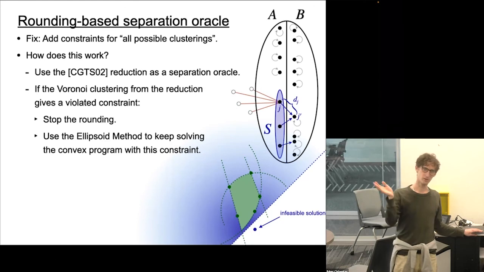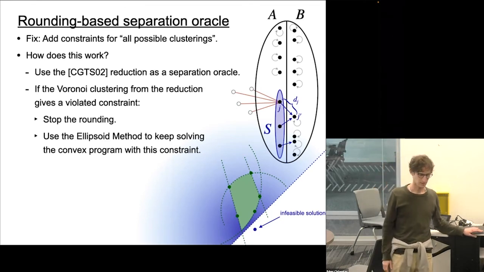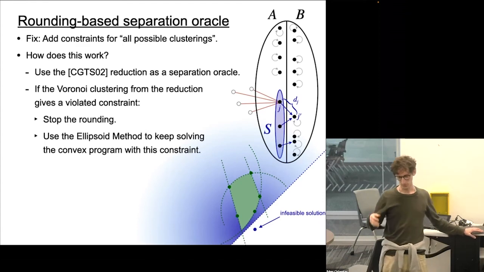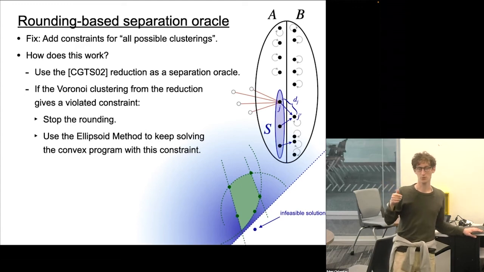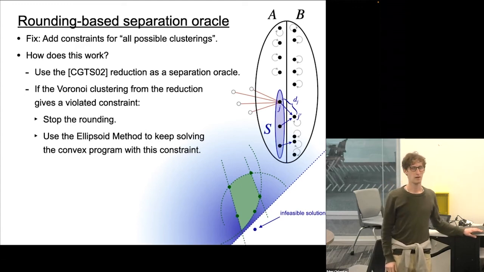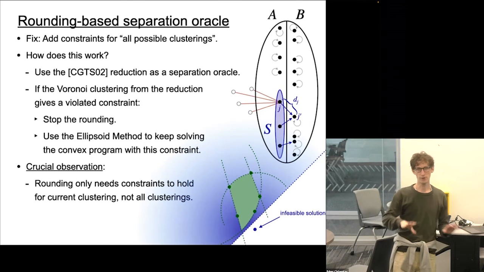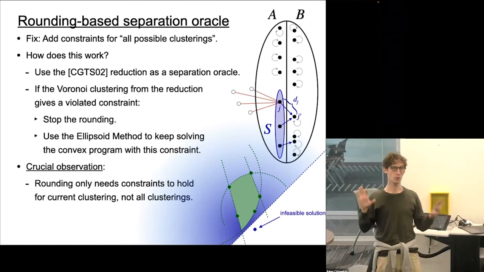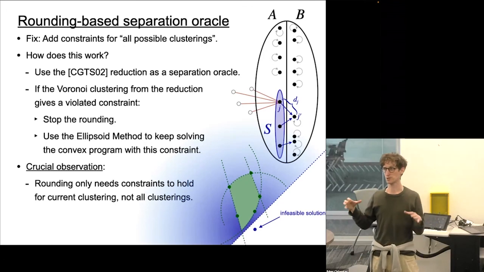And then this works just like every other algorithm which uses the ellipsoid method with the separation oracle, except that we may have these false starts. The point is that we don't need these constraints to hold for the entire universe of every possible clustering. We only need them to hold for the specific clustering that we get in the first stage of our algorithm.